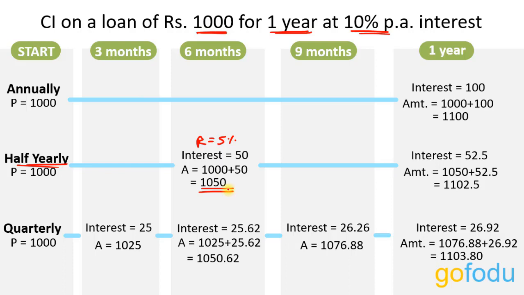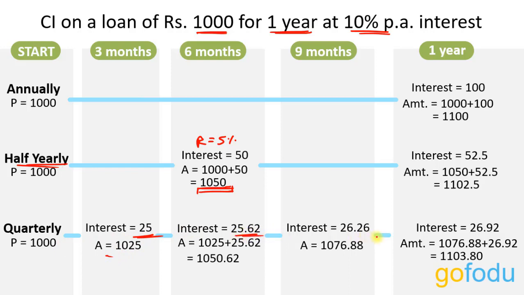For the next 6 months, the interest would be calculated on this amount. 5% of 1050 would be 52.5, which will be added to the outstanding amount 1050 to get the final amount as 1102.5.